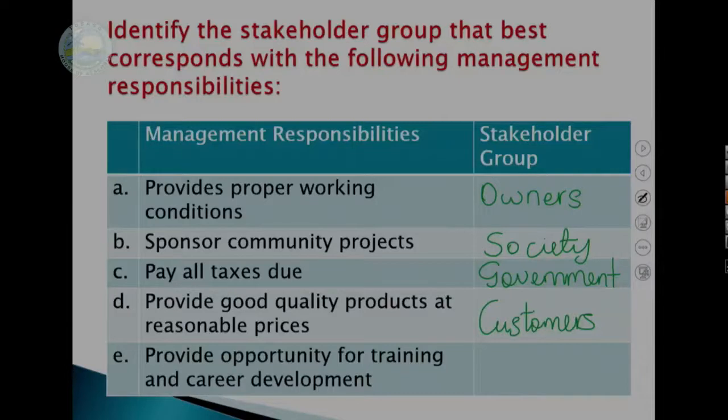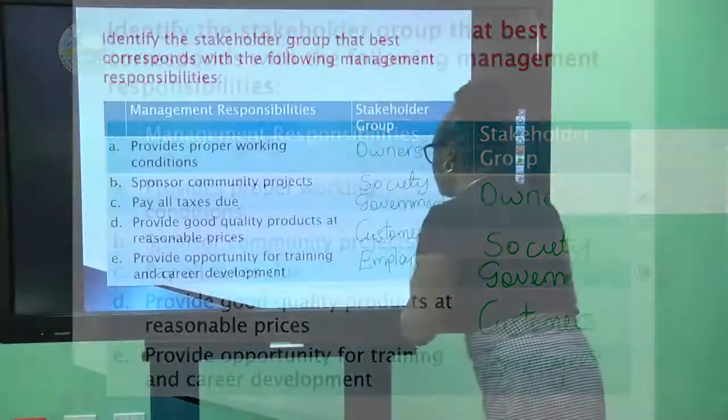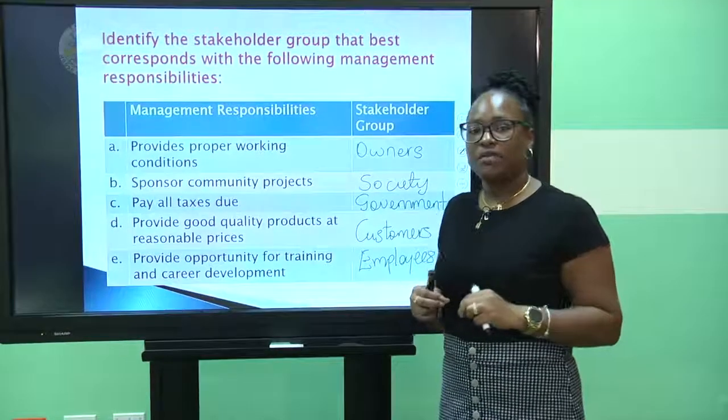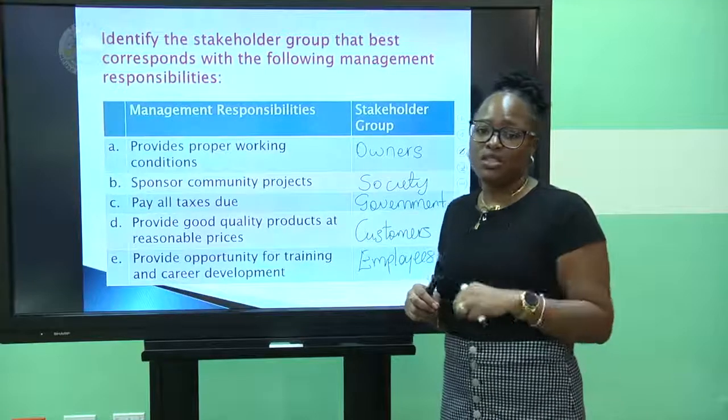And the last one, provide an opportunity for training and career development. So which one did we not use? Employees. And it's important that employees receive the training and development that they need, adequate training and development to ensure that your business succeeds, right?